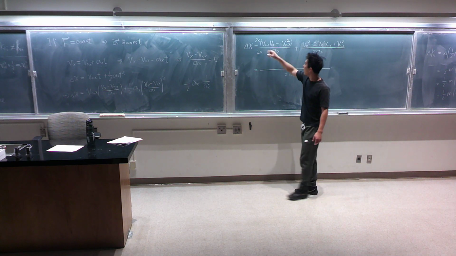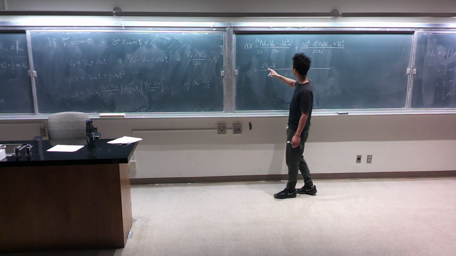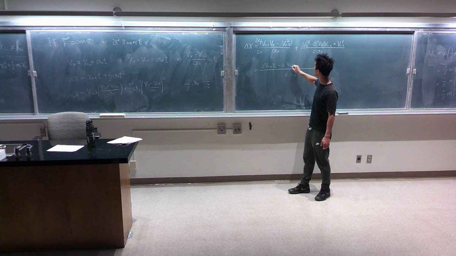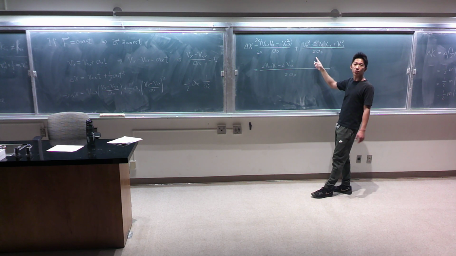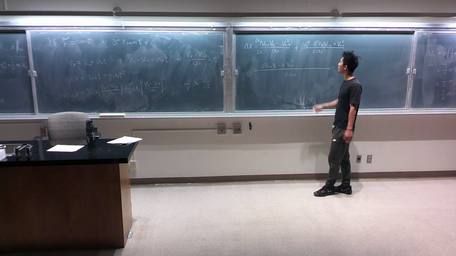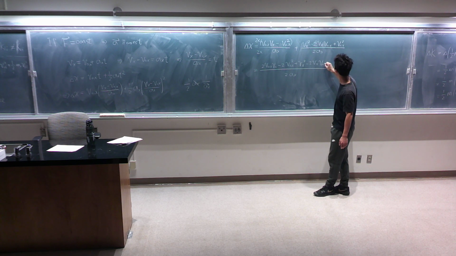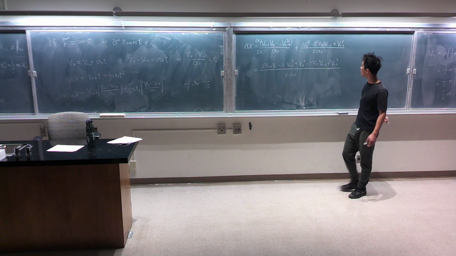In this case, I will have 2 Vx V naught x dx minus 2 V naught x squared. And for this term, the denominator is already 2ax, so I don't need to do anything. I just copy the denominator. Okay, so that's the thing.